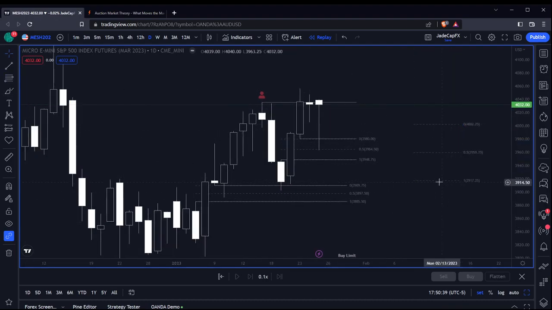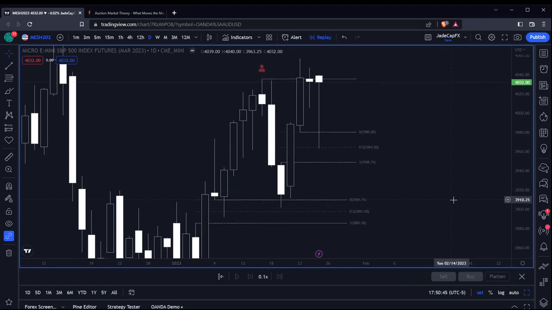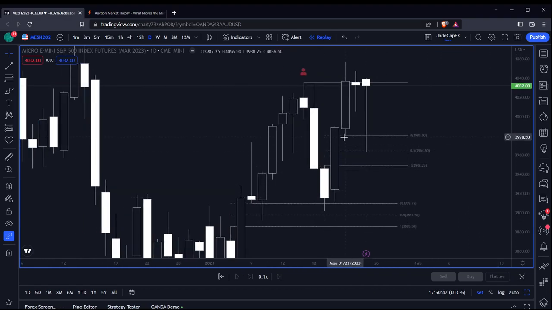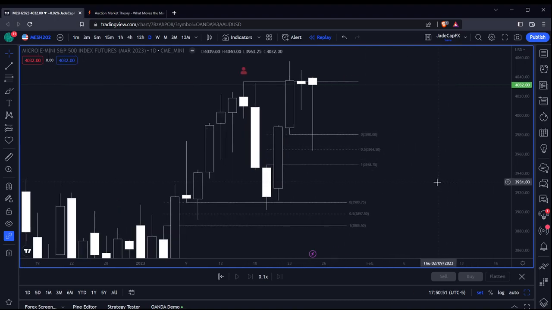Right? If we have a parent price swing, we have the low, the high, and then somewhere in the middle is fair value. So when we find this imbalance in the marketplace, this is a buy side imbalance, sell side inefficiency. The high of this candle and the low of this candle creates a gap in price.